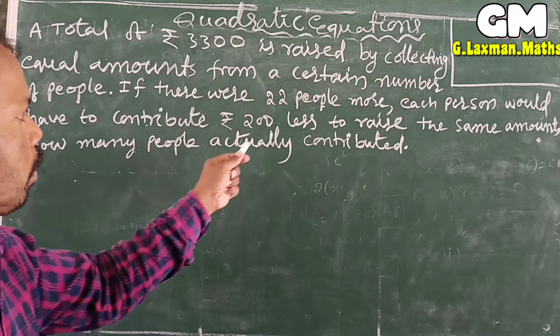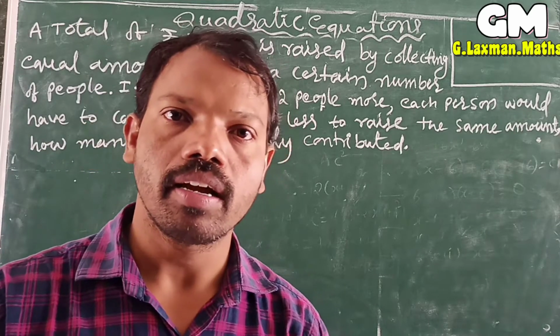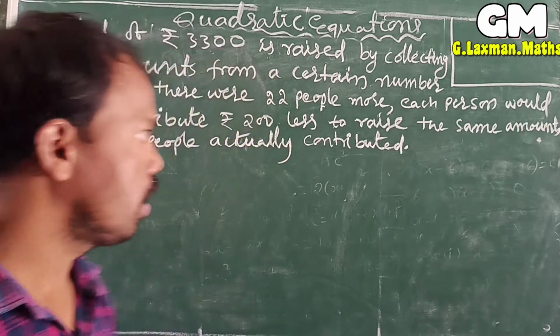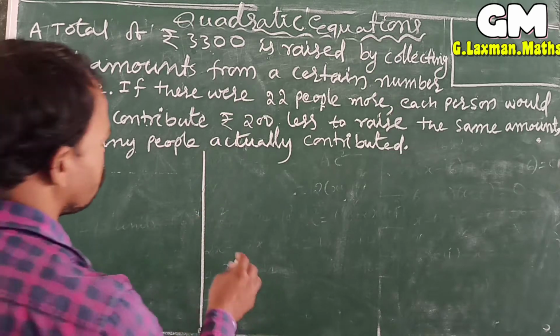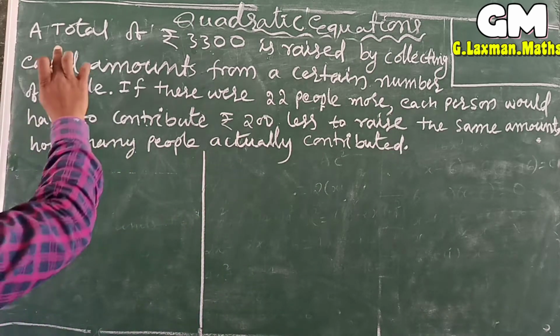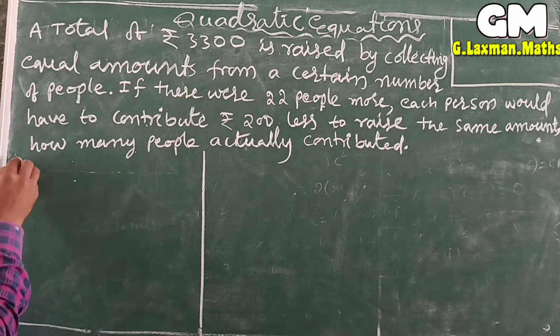So how many people actually contributed? So how to solve this by using a quadratic equation? First, the total amount is 3300 rupees, given.